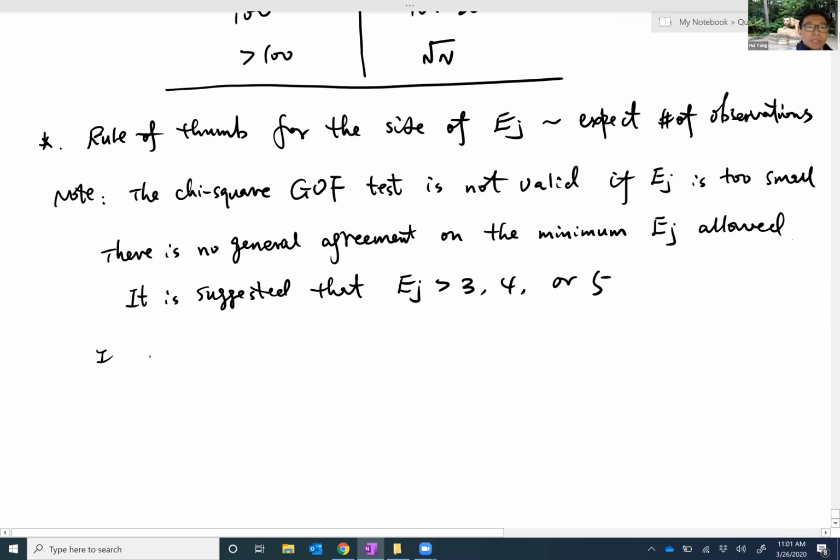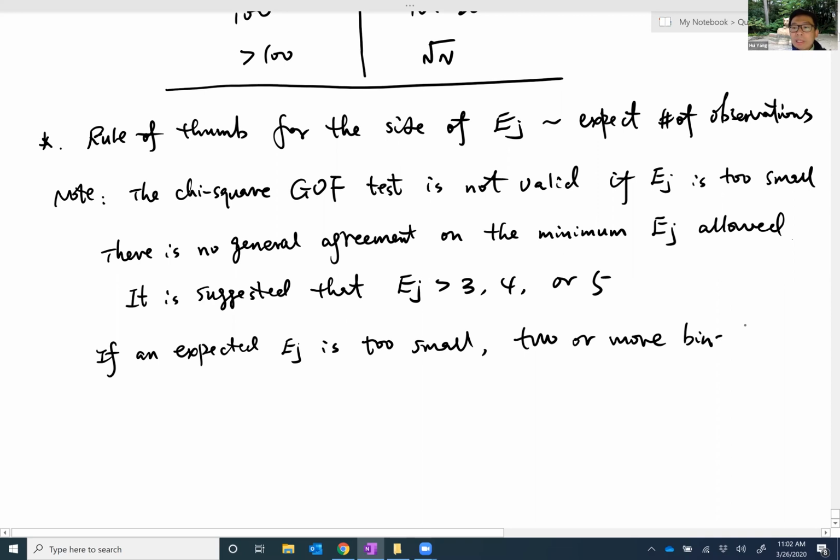If an expected E_j is too small, then 2 or more bins, when we say 2 or more bins, they are adjacent.